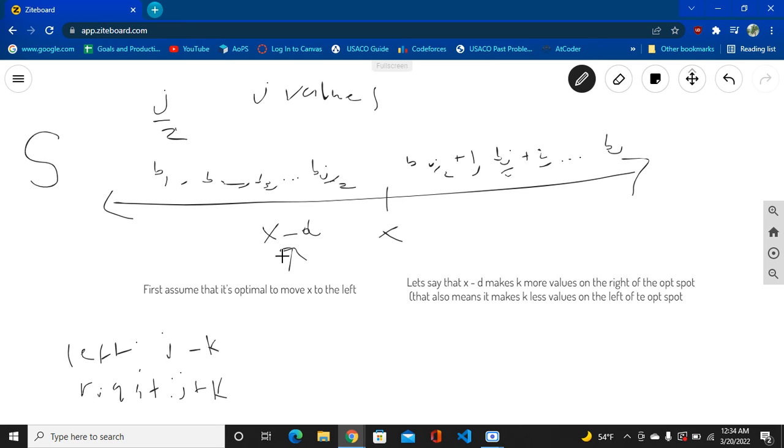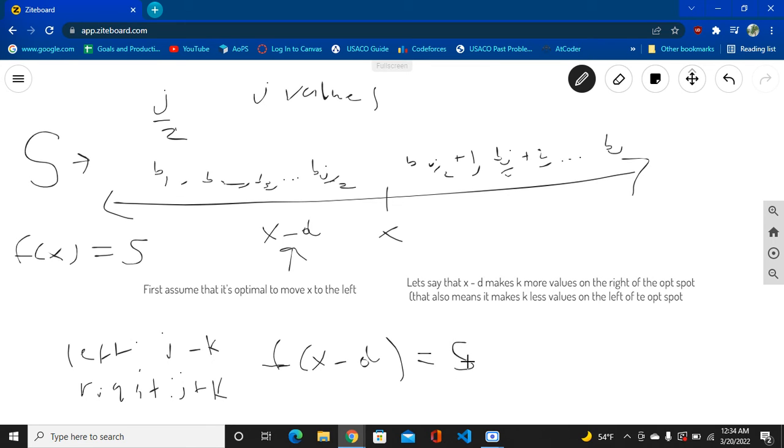Let's say we had some sum function, like f of x equals the sum. Then we note that for f of x minus d, for all the values on the right, their distance increased.